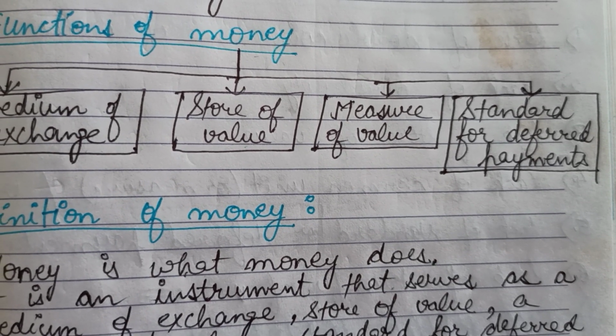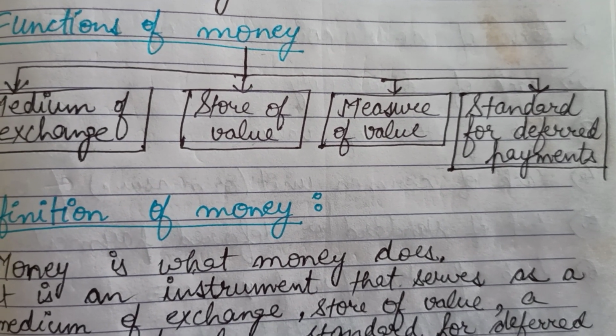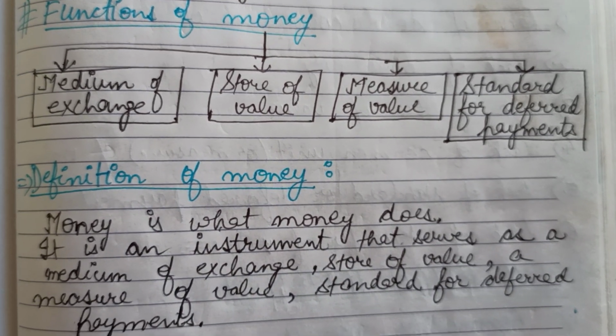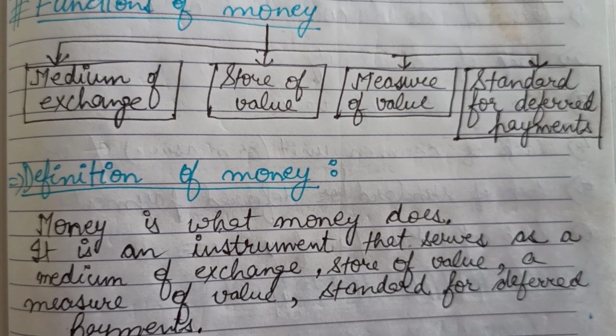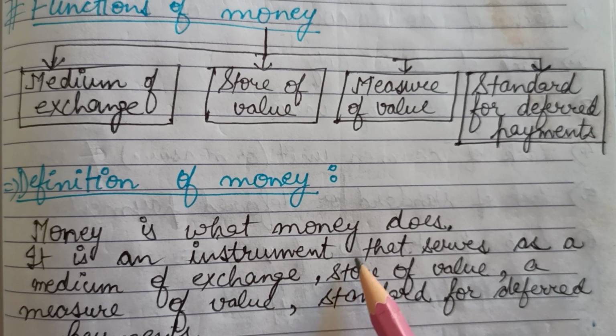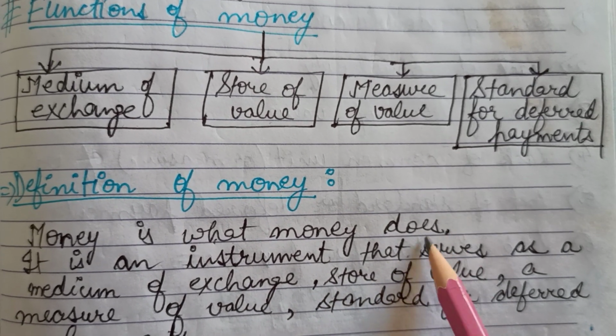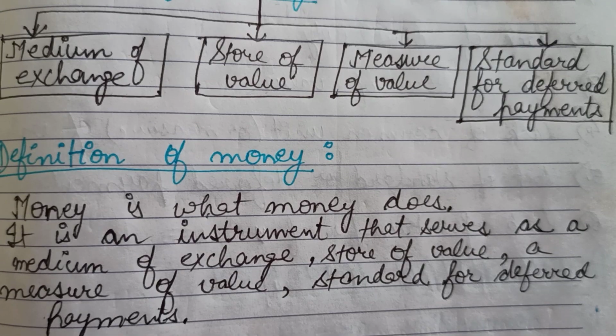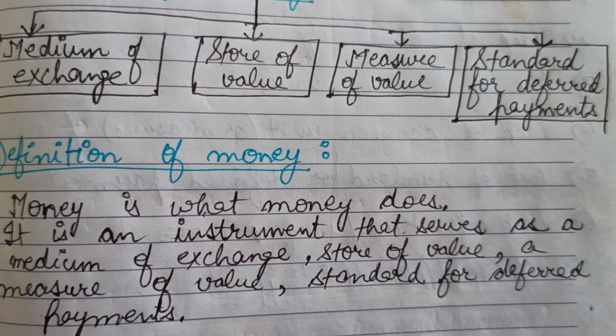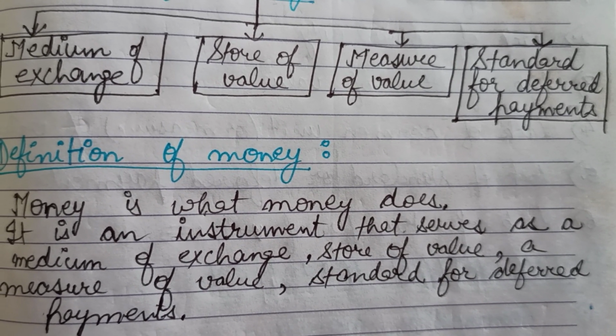So this was all about the functions of money, and from these functions of money we can make out the definition of money, which says that money is what money does, which means that anything which performs the functions of money will be regarded as money.